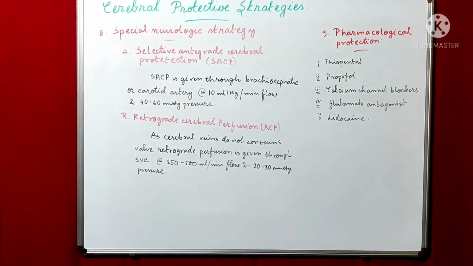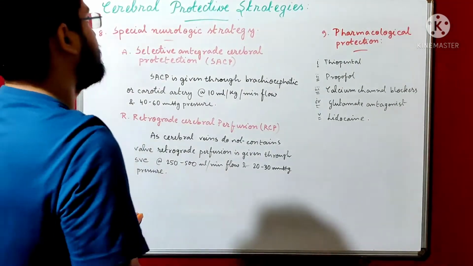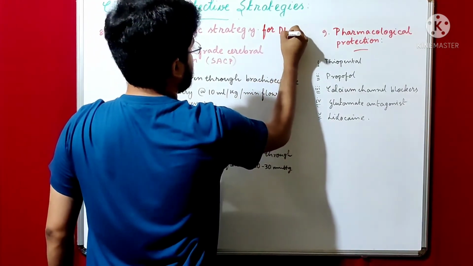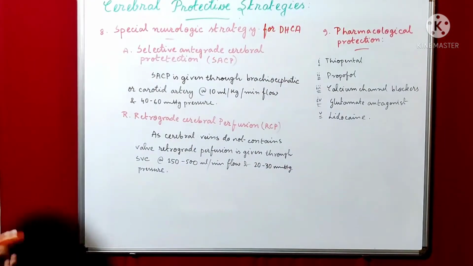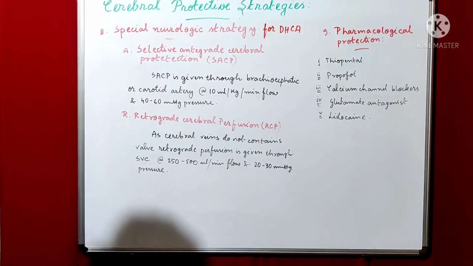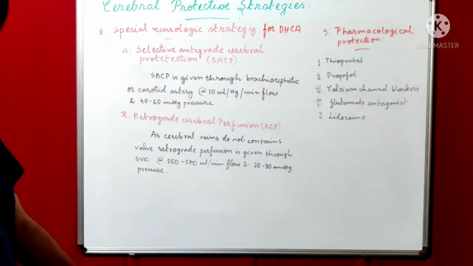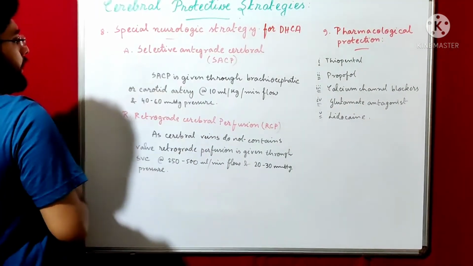Next, special neurological strategies for DHCA or TCA, especially for DHCA, that is deep hypothermic circulatory arrest. So special strategies during DHCA which can be followed are: first, selective antegrade cerebral perfusion, or SACP.